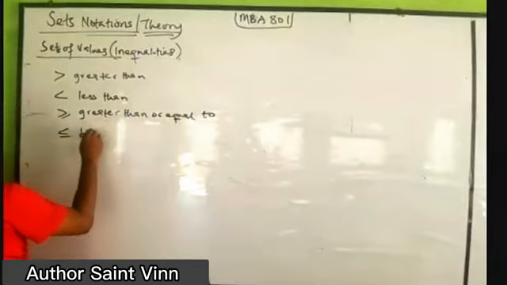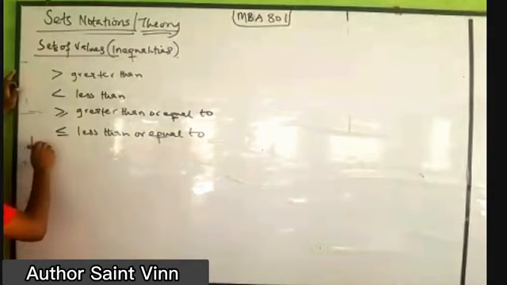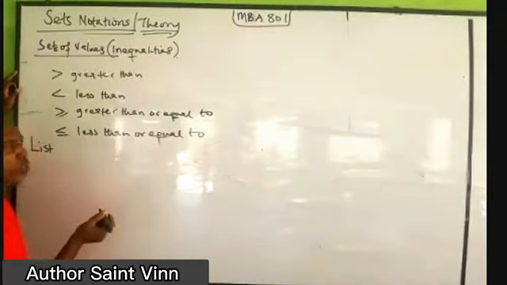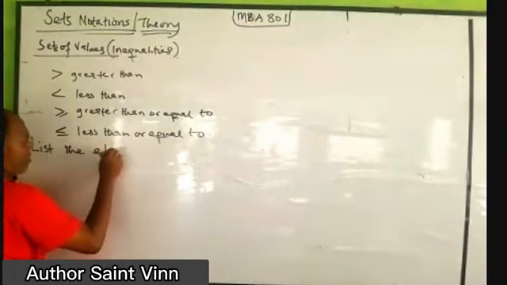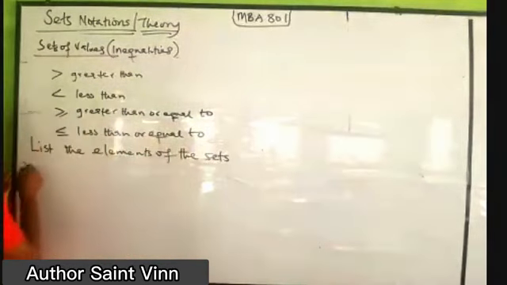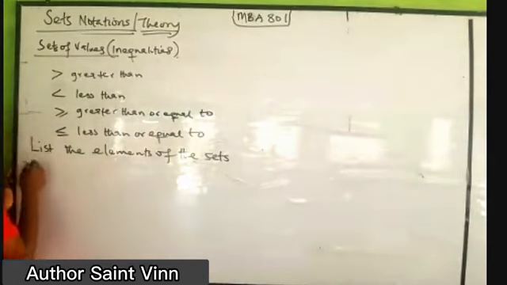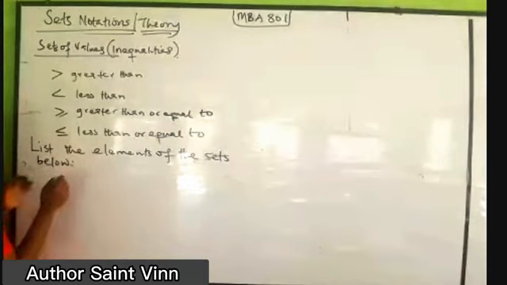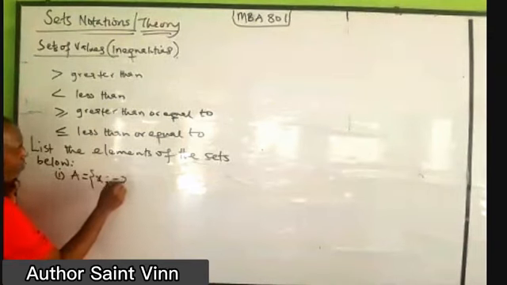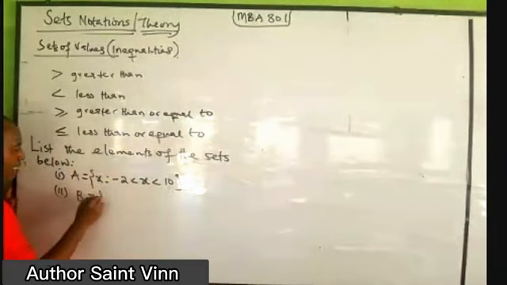This one is less than or equal to. Examination question, maybe to help us with union and intersection, can say list the elements of the sets below. Question 1, write it down and solve.